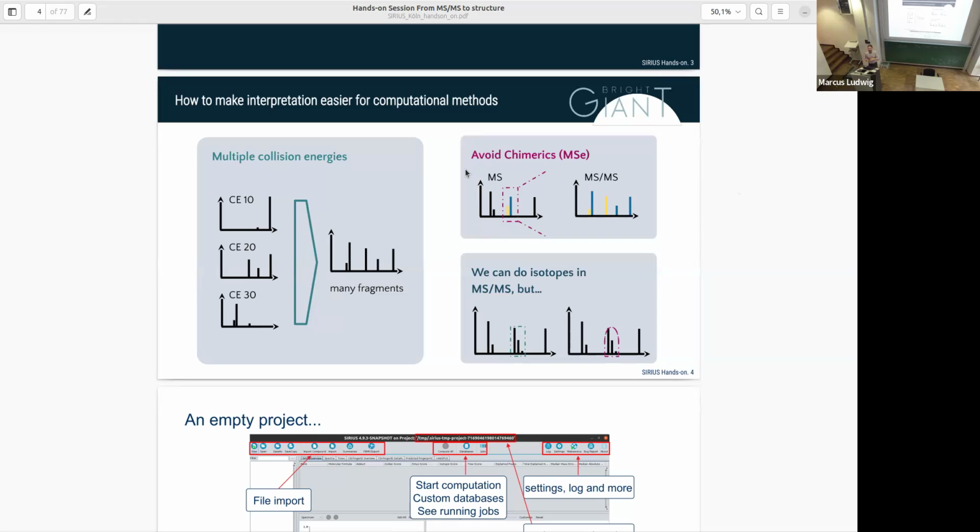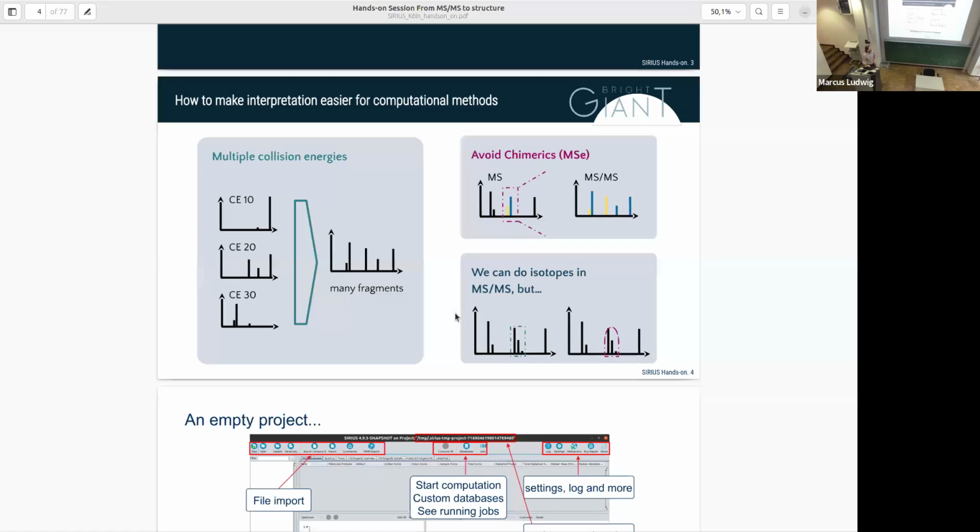If you're now providing DIA data where you have multiple precursors fragmented at the same time, then you have fragments of multiple of your compounds in there, and this will screw up all the analysis because it's just a wrong assumption. The method thinks now all the fragments are from the same compound, but it's not true. So you get no reasonable results. So try to optimize in a way that each fragmentation spectrum also corresponds only to one compound.